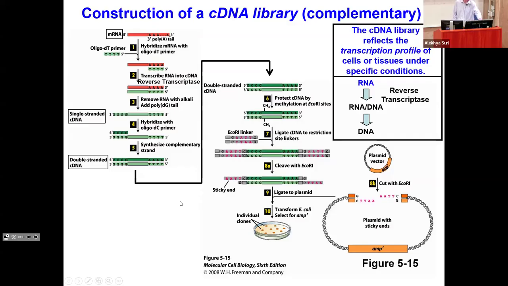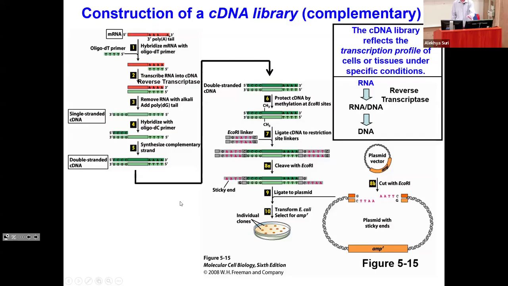This is also shown here on the left side. You use an oligo dT as a primer. This is the green bar here. And then you synthesize the complementary DNA sequence using RNA as a template.